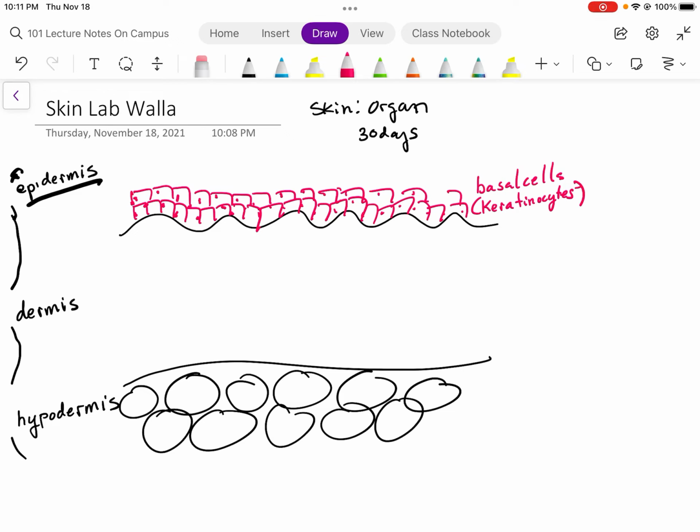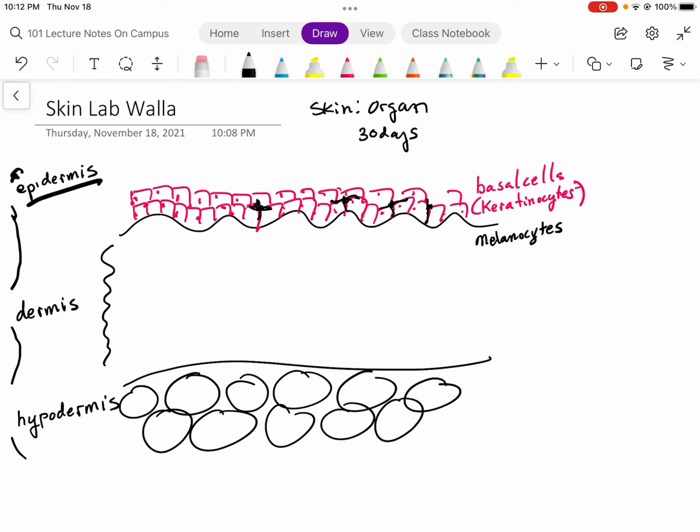We also see some other cells in there, called melanocytes, which are more of a spidery shape, in between these guys. They look like this, and those would be called melanocytes. Below that is a layer called the dermis.